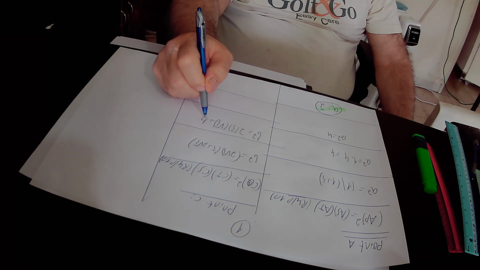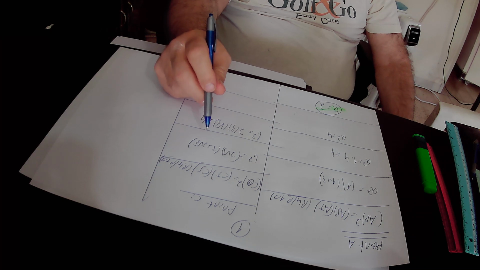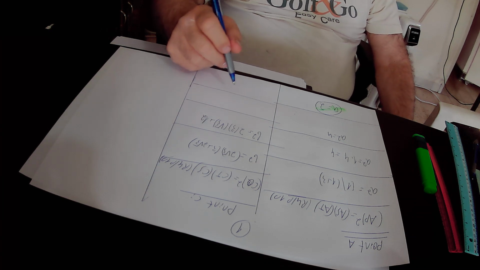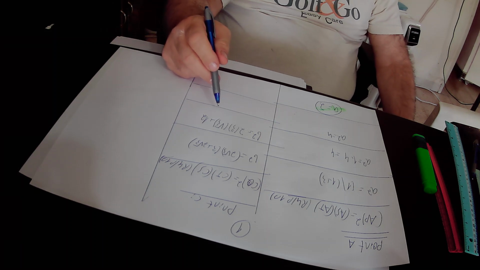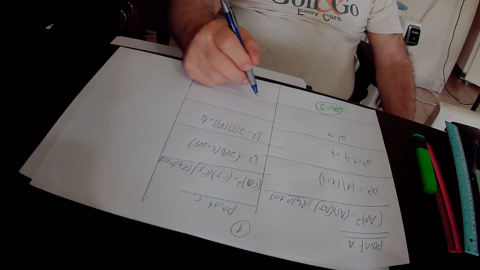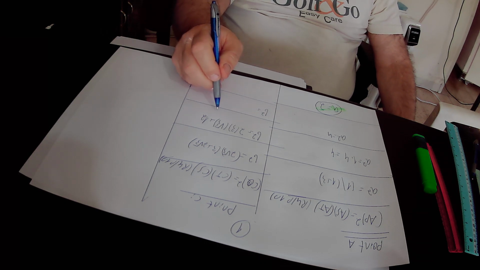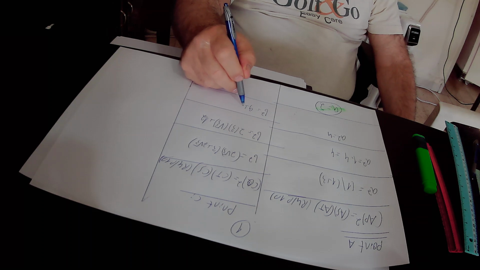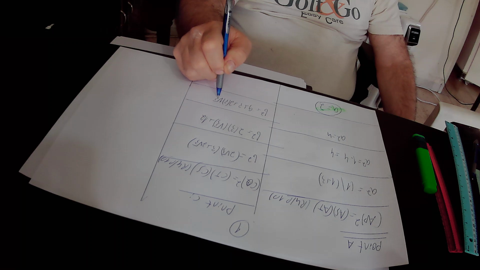Because 2 times 2 is 4, and the square root of 3 times the square root of 3 is 3, and 3 times 4 is 12. So B square equals 2 times 3 times the square root of 3 plus 12. So B square equals, here we substitute 12 by 9 plus 3 plus 2 times 3 times the square root of 3.